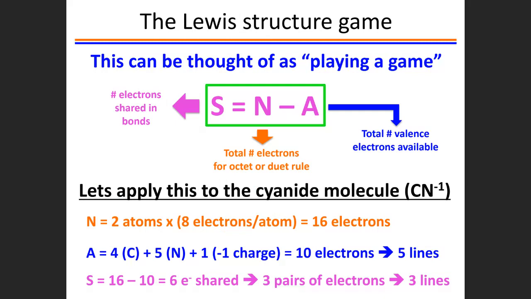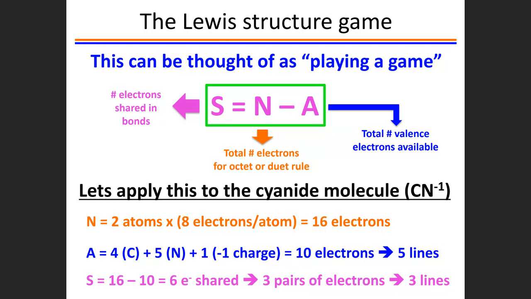Now, we can also calculate, like a Lewis game or playing game, with a little bit of one equation. By applying this equation, we can easily find out how many electrons are shared in bonds, the total electrons in the octet, and the total valence electrons.